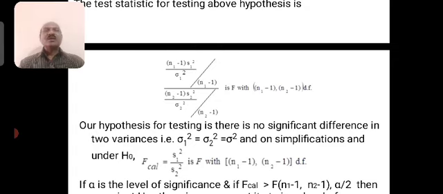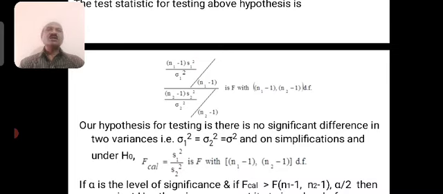It has the F distribution with n1 minus 1 comma n2 minus 1 degrees of freedom. Now our hypothesis is that there is no significant difference in the two variances, that is sigma 1 square equal to sigma 2 square versus sigma 1 square not equal. Equal means we denote it by sigma square.